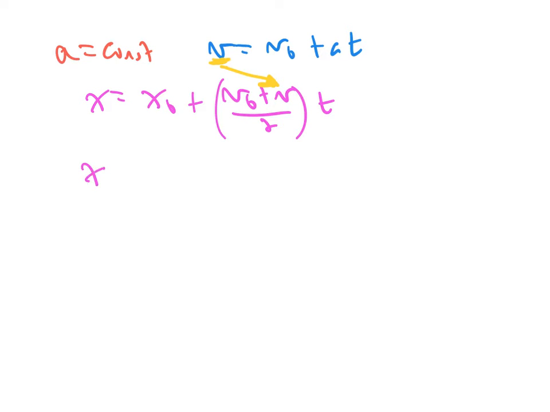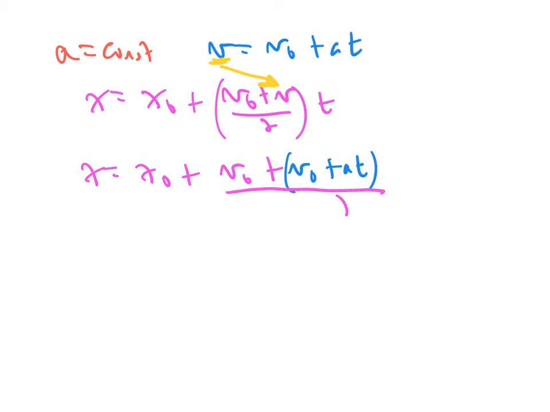So we'll have x equals x0, that didn't change, plus v0 plus v0 plus at, all of that over 2 times t. And then we just start doing, again, some algebraic rigmarole. I have v0 plus v0, so that's 2v0, and then I have at all over 2 times t.